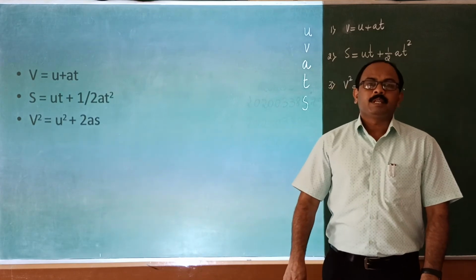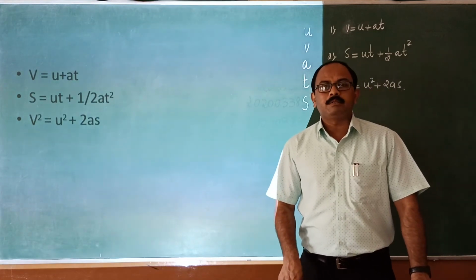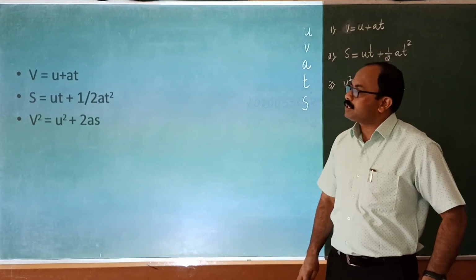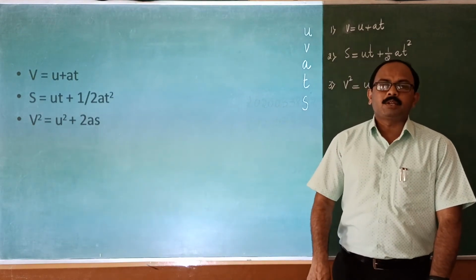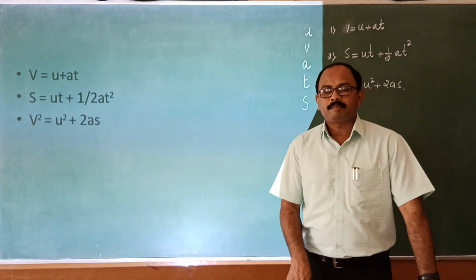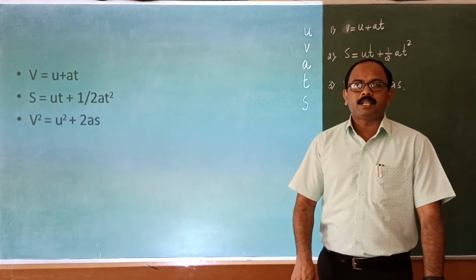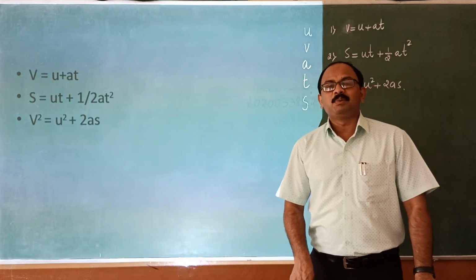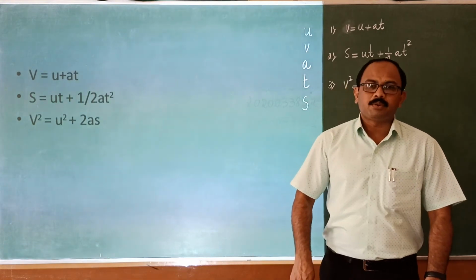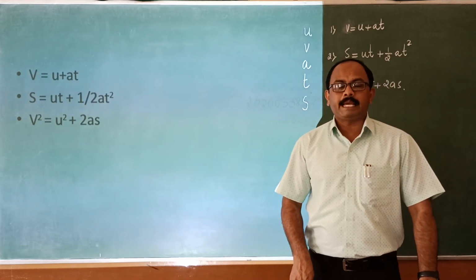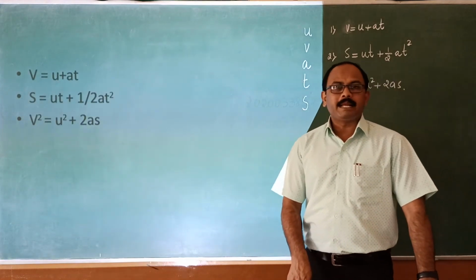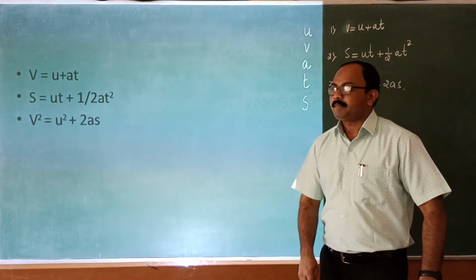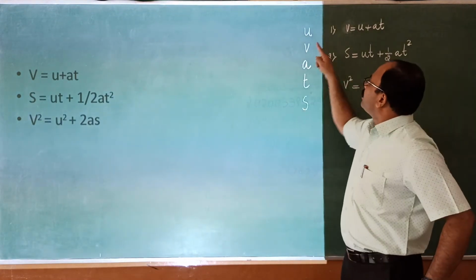Now, children, we will look into the three important equations of motion. The first equation of motion is V equals U plus AT. Second is S equals UT plus half AT square. Third one is V square equals U square plus 2AS. As I explained earlier, children, you have to write down these terms one below the other.